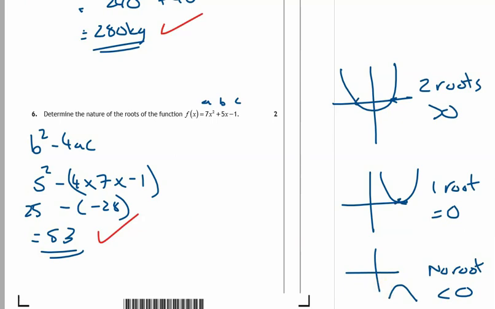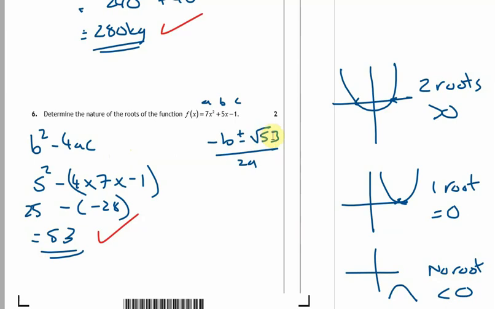Okay, and if you think about it, it does actually make sense, because when we do minus b plus or minus the square root of b squared minus 4ac, let's just call that the square root, in this case it would be the square root of 53, divided by 2a. If it's a square root of a minus number, we can't do it. So that equation would make sense, hence no roots.